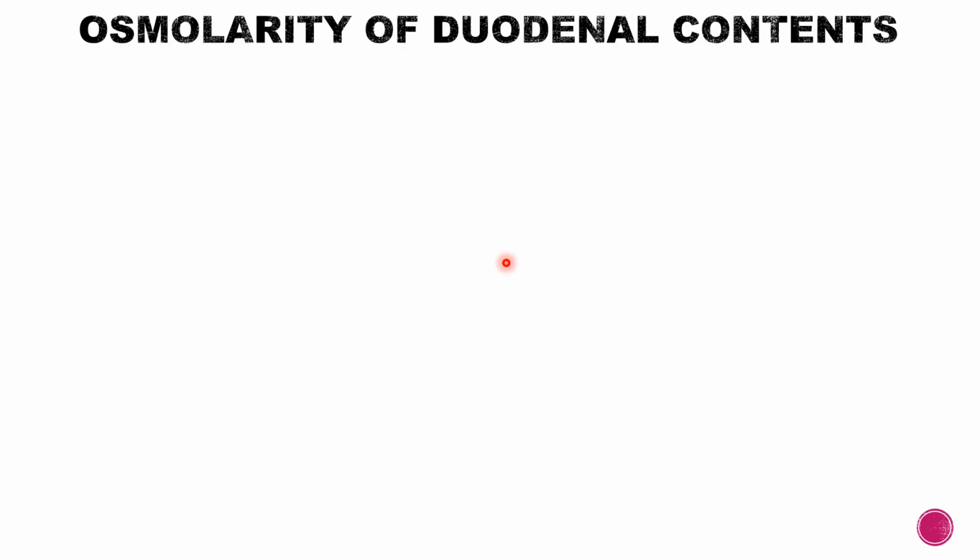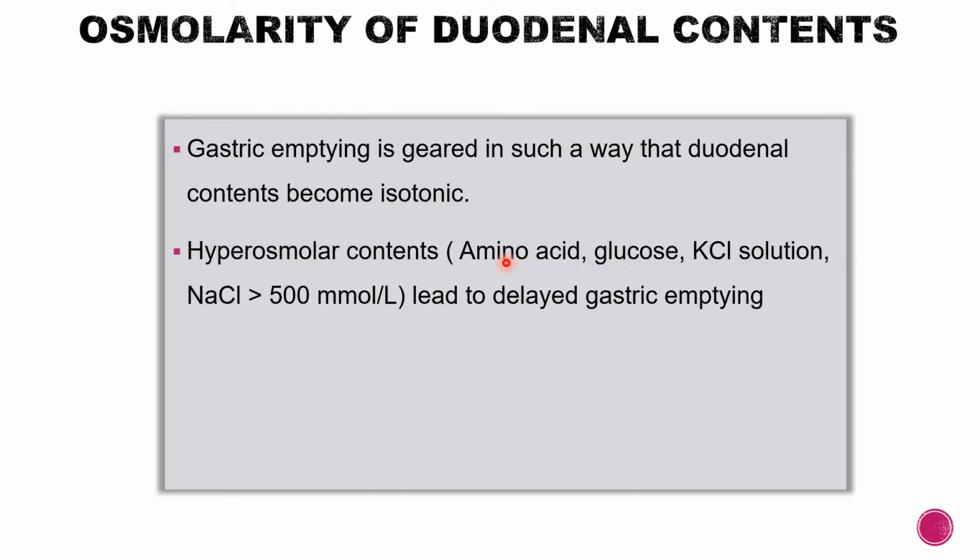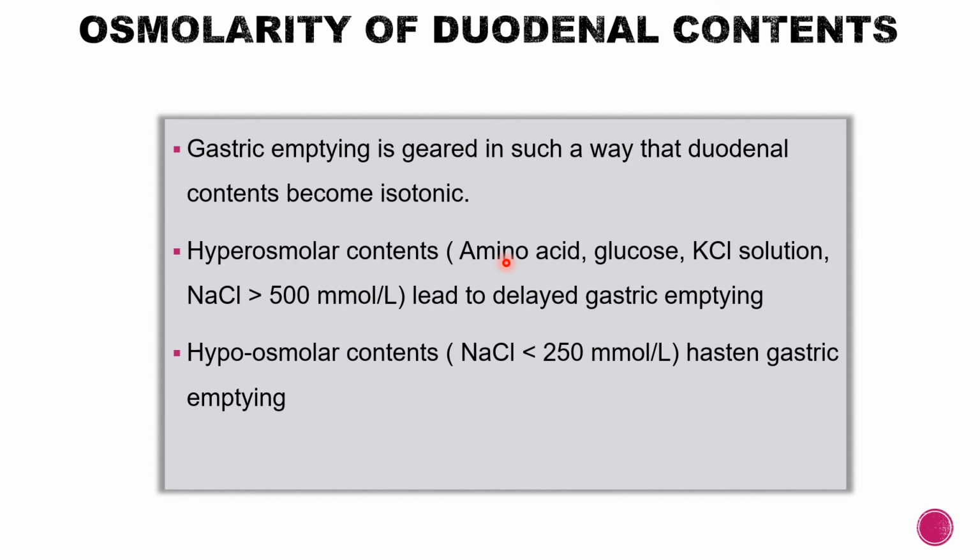Now, the osmolarity of duodenal contents. Gastric emptying is designed in such a way that the end result is that the duodenum will have isotonic contents. So gastric emptying always tries to make the duodenal contents isotonic. Now if the duodenum has hyperosmolar contents, that is amino acids, glucose, KCl solution, then gastric emptying is delayed.